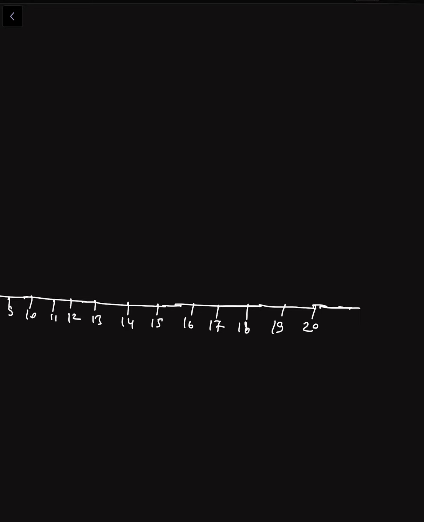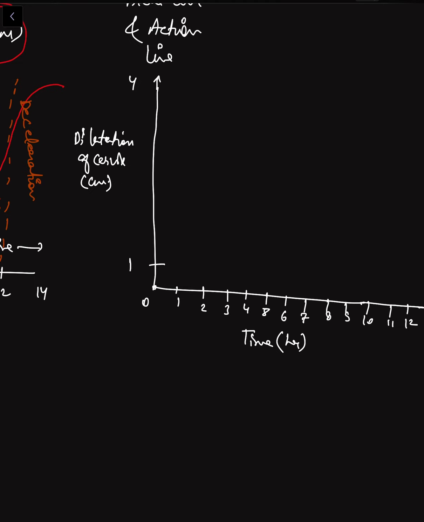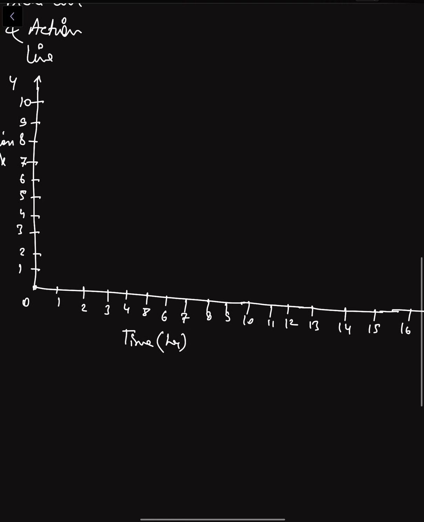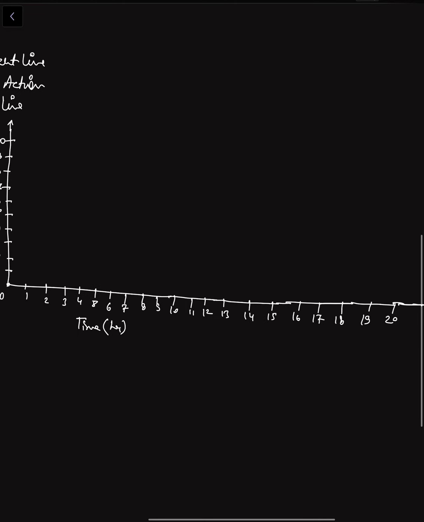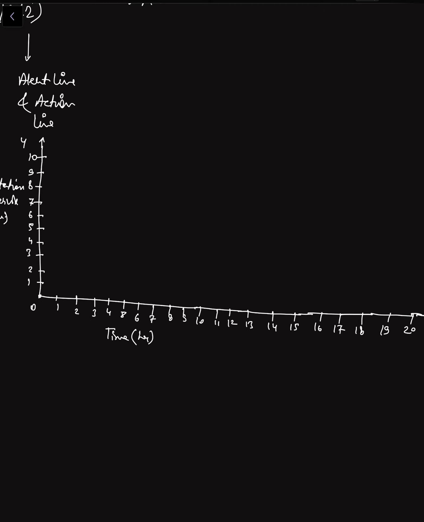On the y-axis, 1 to 10. So on the y-axis we count up to 10, and on the x-axis we count up to 20. Now we will draw the Philpott and Castell graph, keeping in mind the alert line and action line.